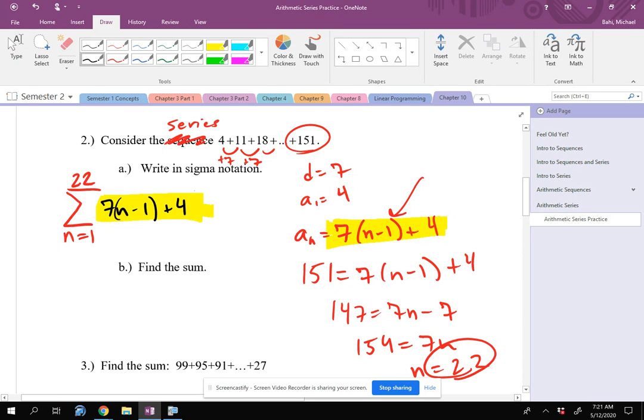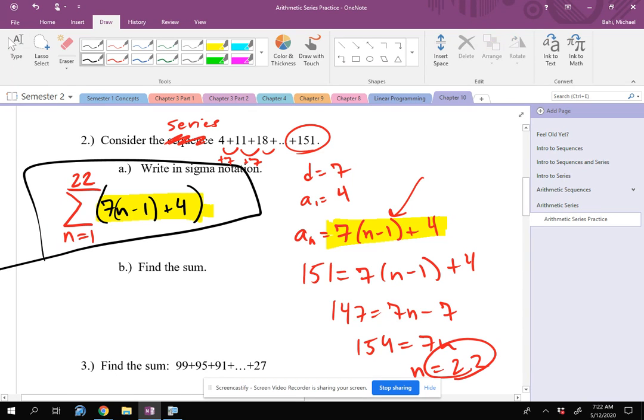And I'm going to put this whole thing in parentheses just to show that we'd be finding the sum of the whole thing. Sure, you can obviously distribute that 7, combine like terms, and put that in, but it's good practice to enclose everything in parentheses. So here we go. We found that, and now I can just plug this part into the calculator.